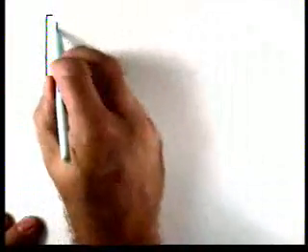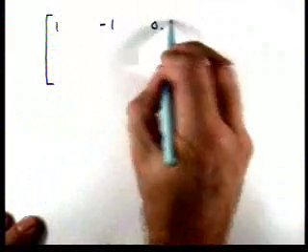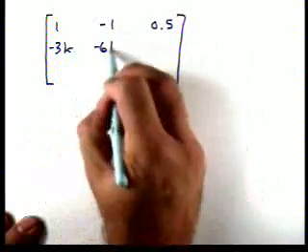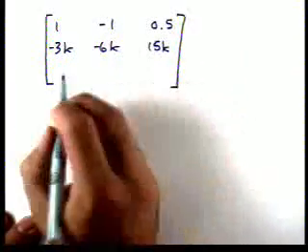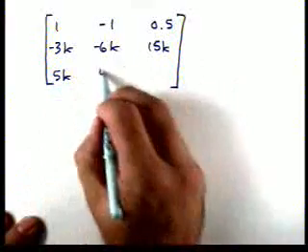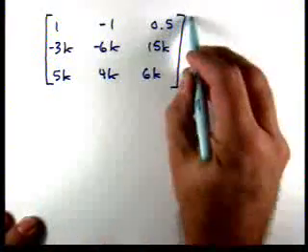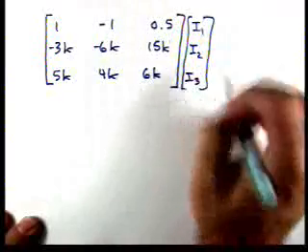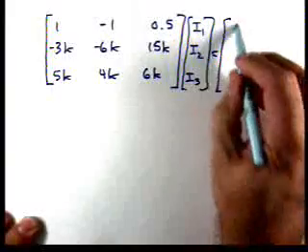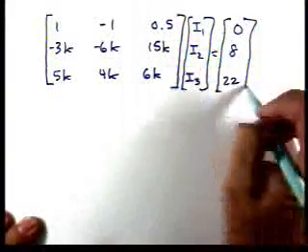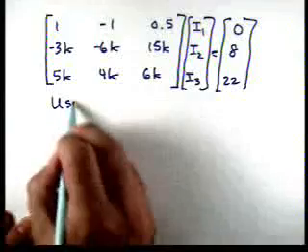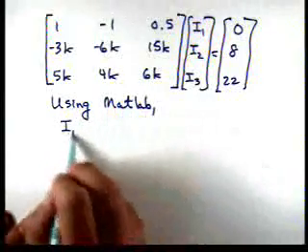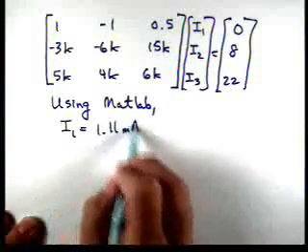Okay, so here's our matrix. And there it is. Now using MATLAB, we get I1 is equal to 1.11 milliamps.